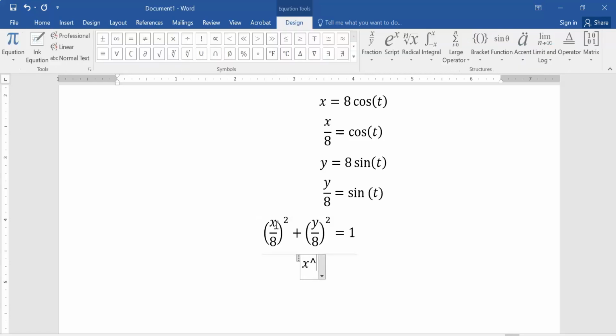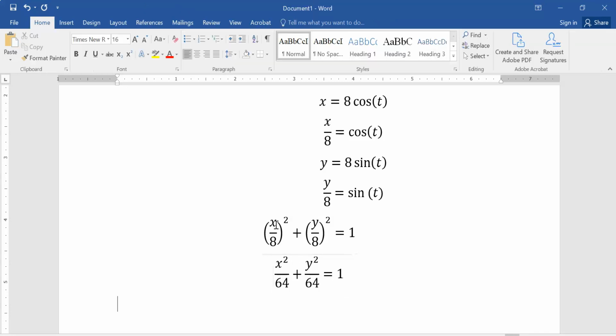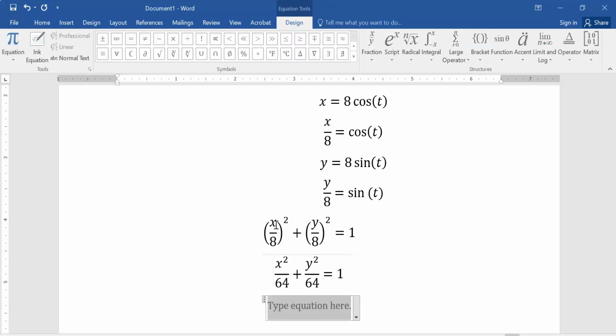So you'd end up with x squared over 64 plus y squared over 64 is equal to 1. Multiplying everything by 64, you'd get x squared plus y squared is equal to 1. Or did I say 1? Excuse me. x squared plus y squared equals 64 when you multiply everything by 64.